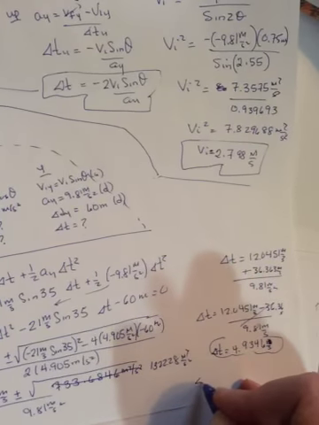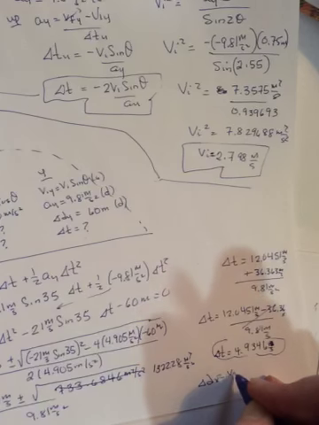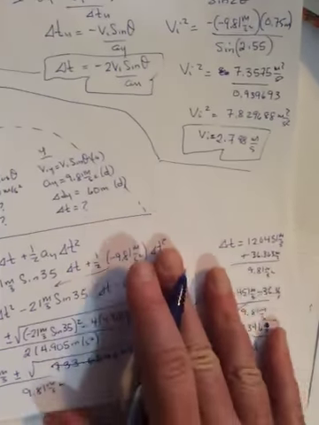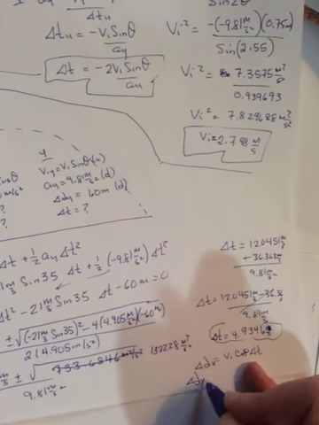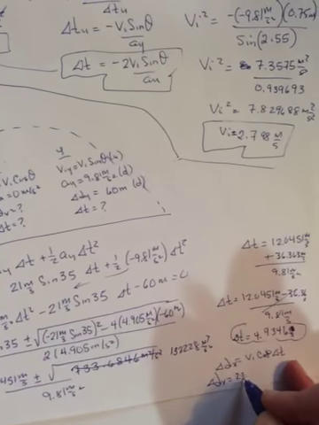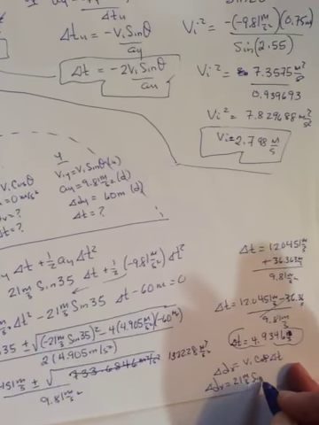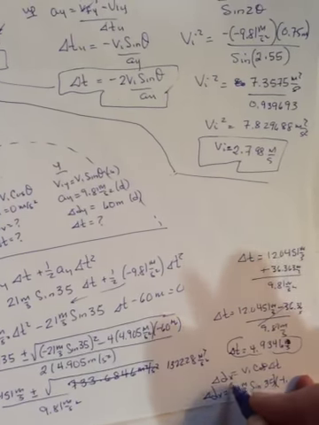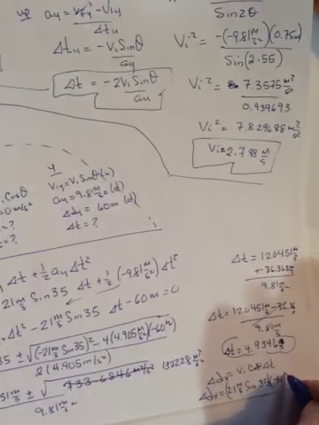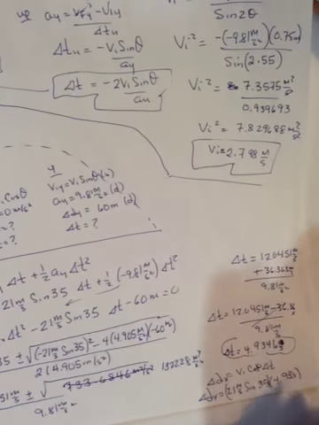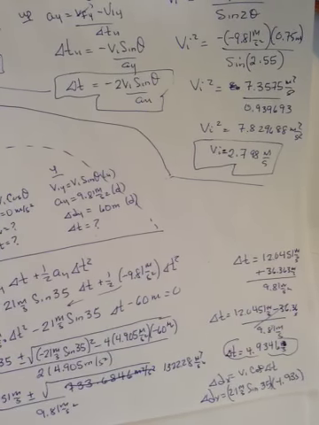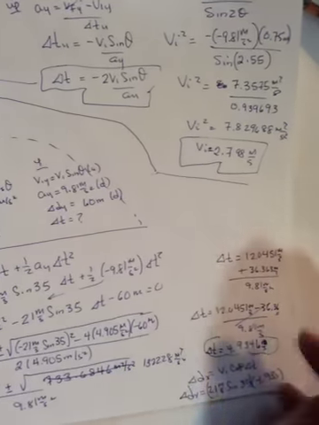And once you have that, then delta dx is equal to Vi cos theta times delta t. So delta dx is equal to 21 meters per second cos of 35 times 4.93, etc. Okay, and so we multiply that by 21 times this cos of 35, and you get 84.8.